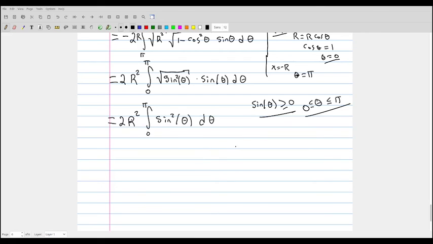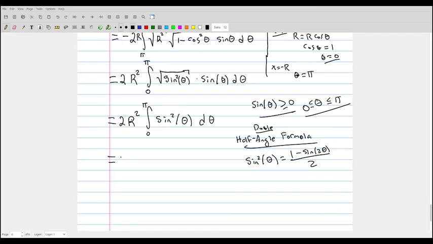To calculate it, we use what's called the half angle identity, or half angle formula from trigonometry, which says that sine squared of theta, or it's that double angle formula, is equal to 1 minus cosine of 2 theta over 2.